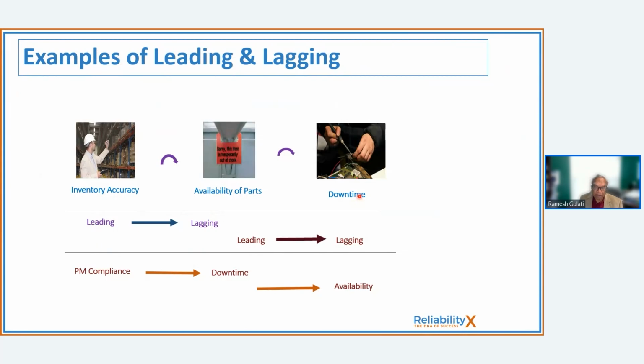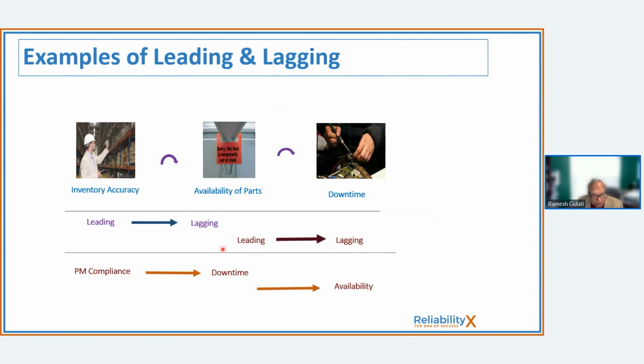Now let's look at another example, PM compliance. PM compliance is a leading indicator. What's the impact? What's the lagging? The downtime. If PM compliance gets better, our downtime will go down. If PM compliance is poor, our downtime will go up.